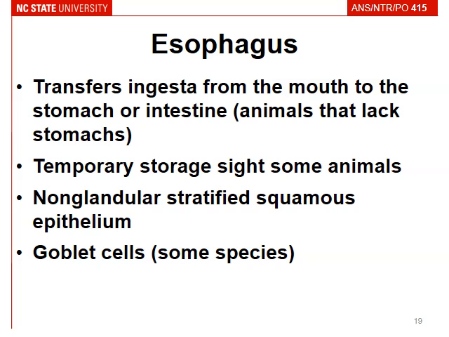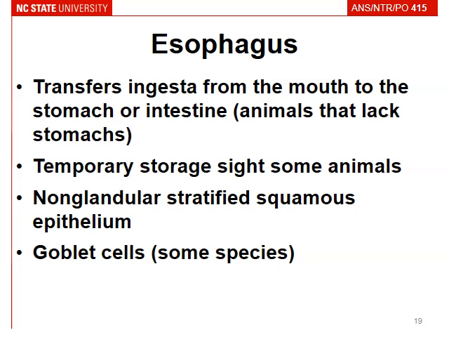It also serves as a temporary storage site for some animals, primarily avian species. There are many avian species that have this pouch within the esophagus, and that component is referred to as the crop. So they are able to do some food storage there. It's not a significant amount of food storage, but it can help them overnight fast, etc.